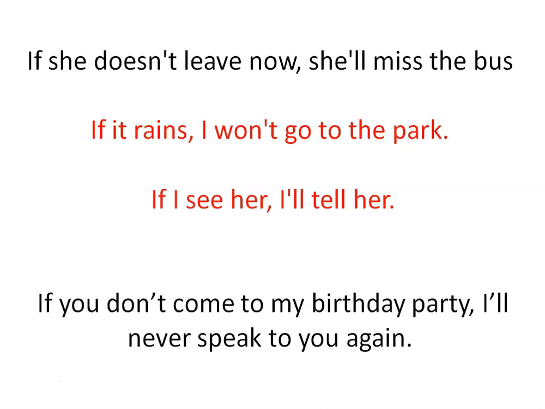And the result, the consequence: if she gets delayed, if she is lazy and doesn't make a move just now, the consequence will be she will miss the bus. Will miss is a simple future tense. So if you can understand, you can find the pattern: simple present, simple future.